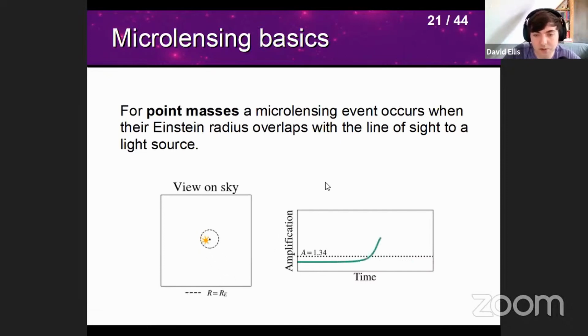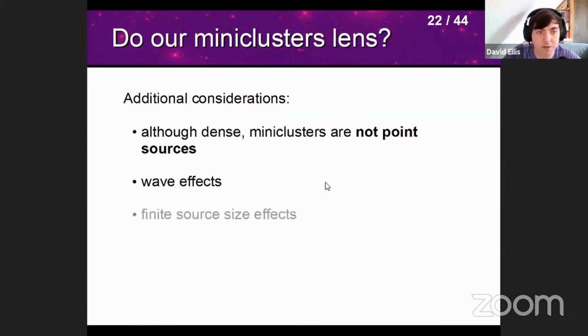Okay, but there are some additional considerations to make now, because firstly, axion miniclusters are not point sources, although they are very dense. They do have some comparatively fluffy structure. Then we also need to consider wave effects. So this is also something you have to consider for primordial black holes.